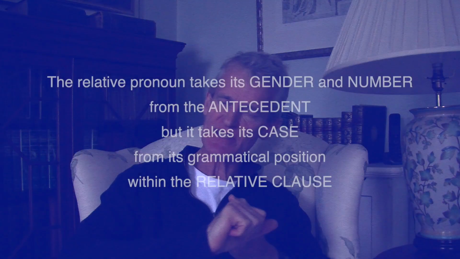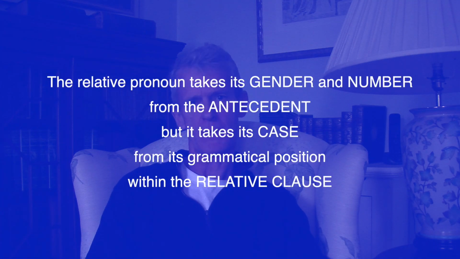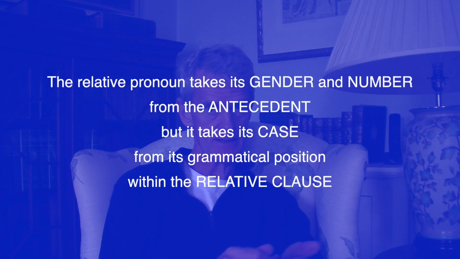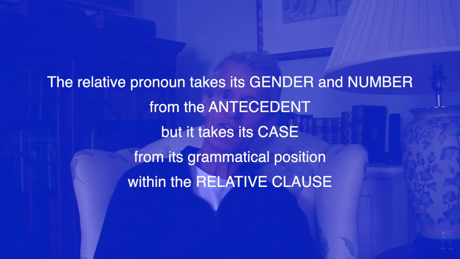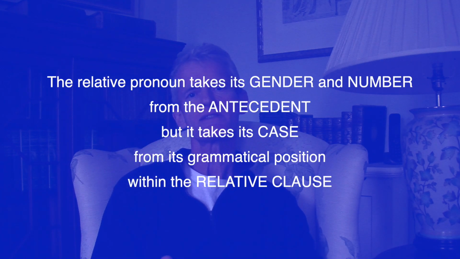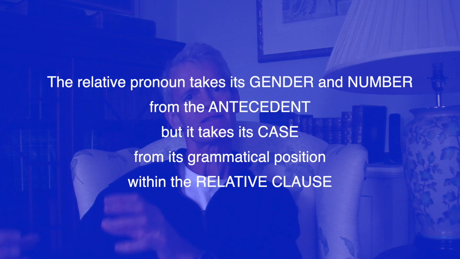Okay? And the rule in Latin, which you must not forget, is that the relative pronoun refers back to the antecedent, and it takes its gender and its number from the antecedent, but it takes its case from its grammatical position within its own little relative clause.